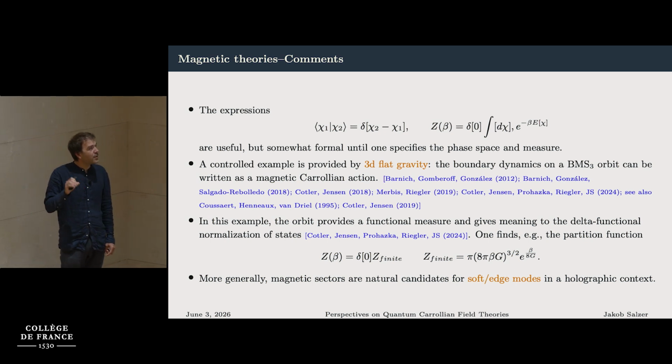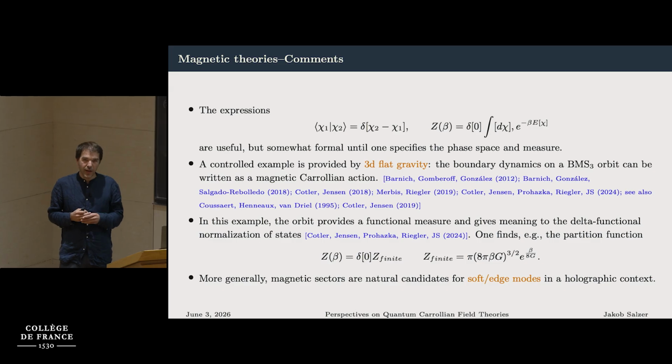A very nice example of this is if you look at 3D gravity in flat space. Gravity in 3 dimensions does not have any propagating degrees of freedom. It only has boundary dynamics.